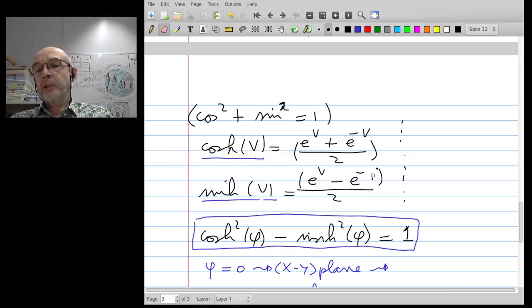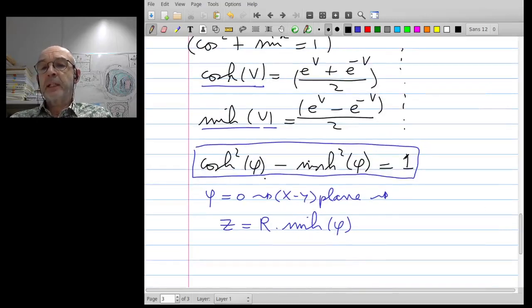We have already a phi for the polar coordinates, so here we use v. And so I think that we can do here sine hyperbolic of v. And so if v is 0, your z is 0.